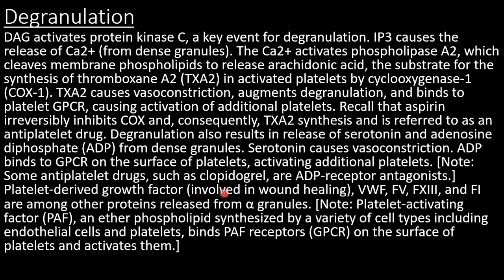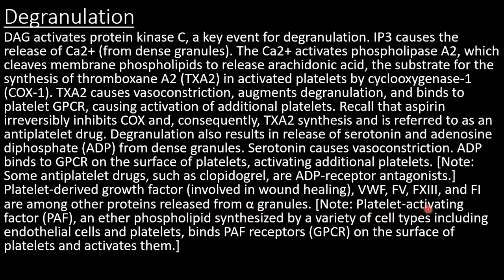Platelet-derived growth factor is involved in wound healing. Von Willebrand factor, remember, I told you von Willebrand factor is also released from your platelets, apart from your endothelial cells. Factor 5, which is also an accessory clotting factor, and factor 13, your fibrin stabilizing factor, which is a transglutaminase, and also factor 1, your fibrinogen, are among other proteins released from your alpha granules.